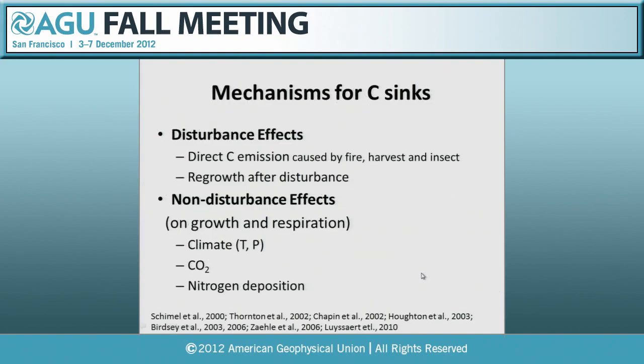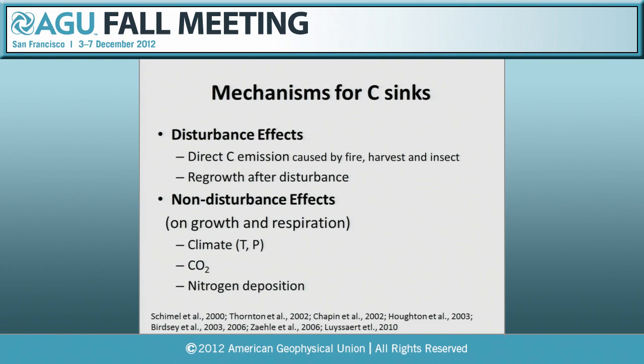Let me summarize what we are trying to do. We want to include these mechanisms in our model for the carbon sink. First, the disturbance effects. That includes the direct carbon emission caused by fire, harvest, and insects, and the regrowth after disturbance. I'd like to point out that the regrowth part is included in the disturbance in our way of assessing the mechanisms.